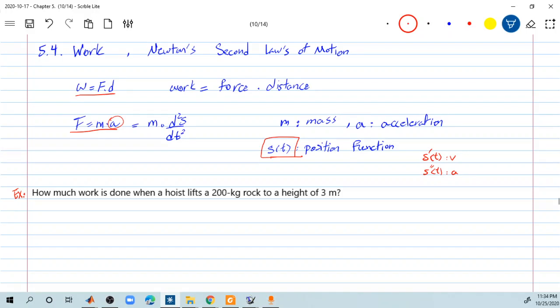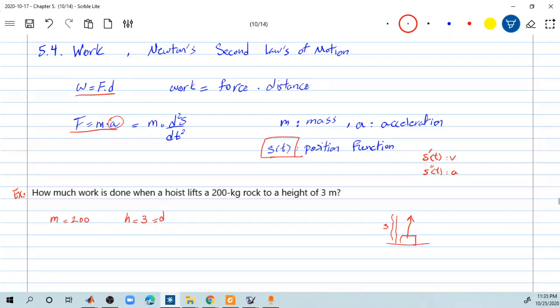We know M is given, is 200, and height, H, or you can call it D if you want, 3. So what we do is picking up a rock to a height of 3 meters. So this distance, D, is basically the height. So H and D in this case are the same thing.